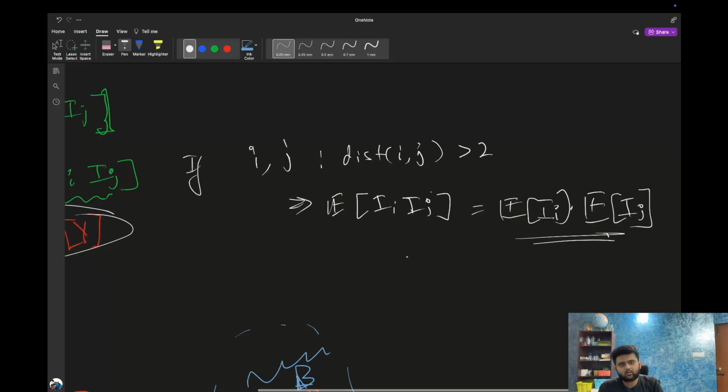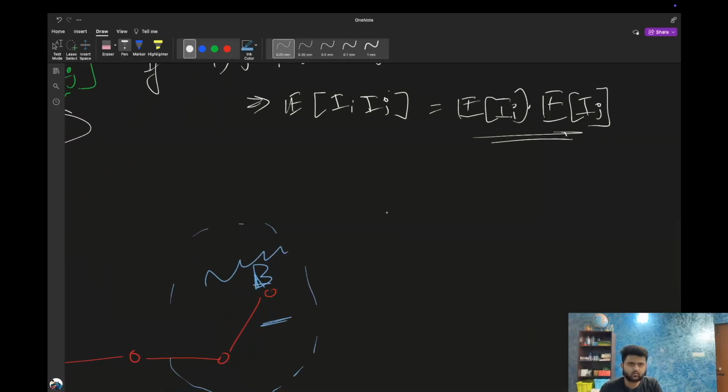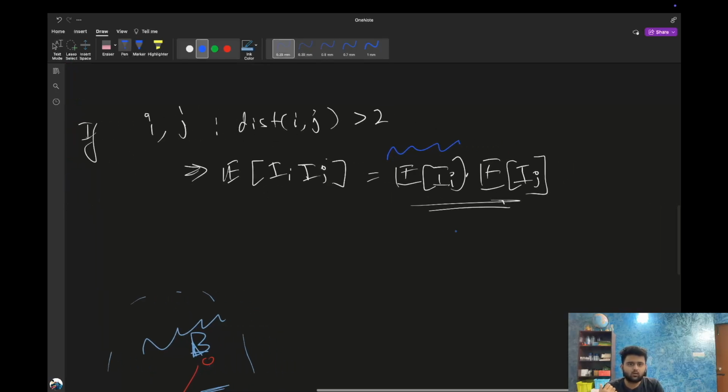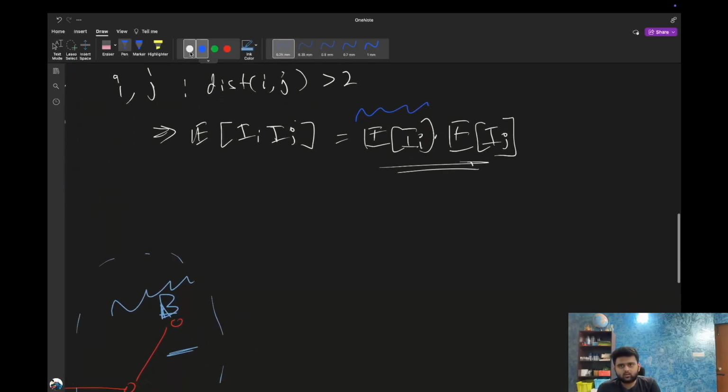Now let's consider the case when their distance is smaller. But before we go further, let's tackle what this term, expectation of I_i, is. So if I have a random variable x and I want to find the expectation of x, I basically sum over all the values that x can take.